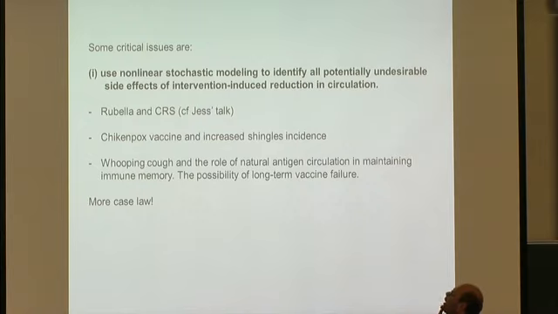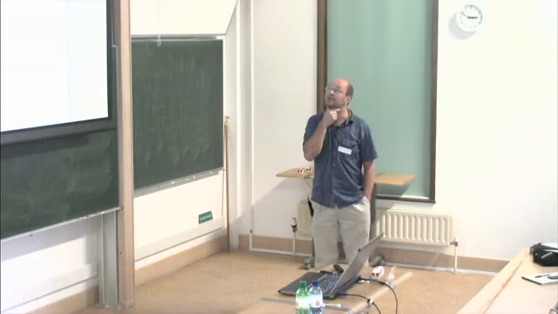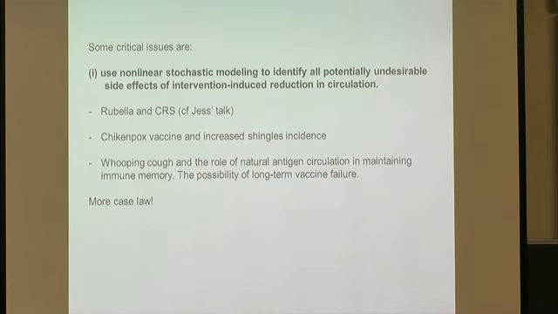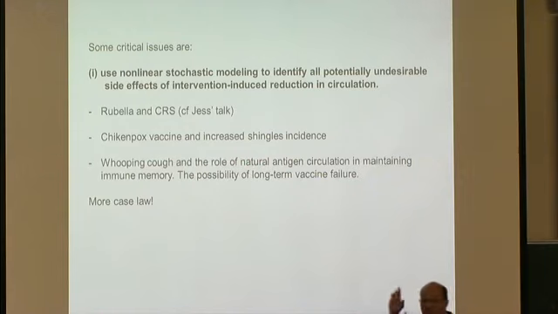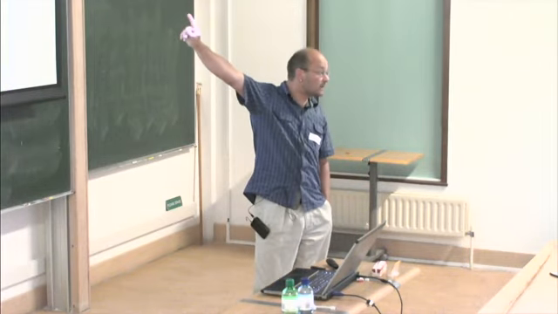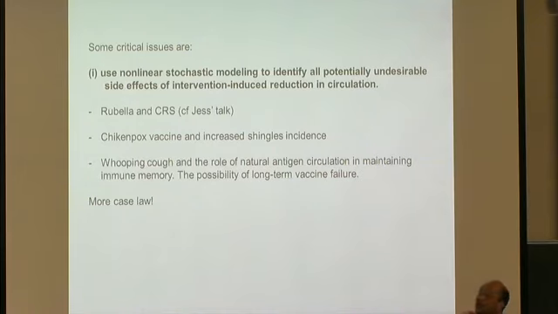The first important one is, let's take these models at face value and really explore them dynamically, to learn about what we've seen in various case studies: there are seemingly numerous unanticipated side effects of intervention-induced reduction in circulation of certain pathogens. These models could help us systematically think about this. Jess talked beautifully about intervention against rubella and the possibility of congenital rubella syndrome.